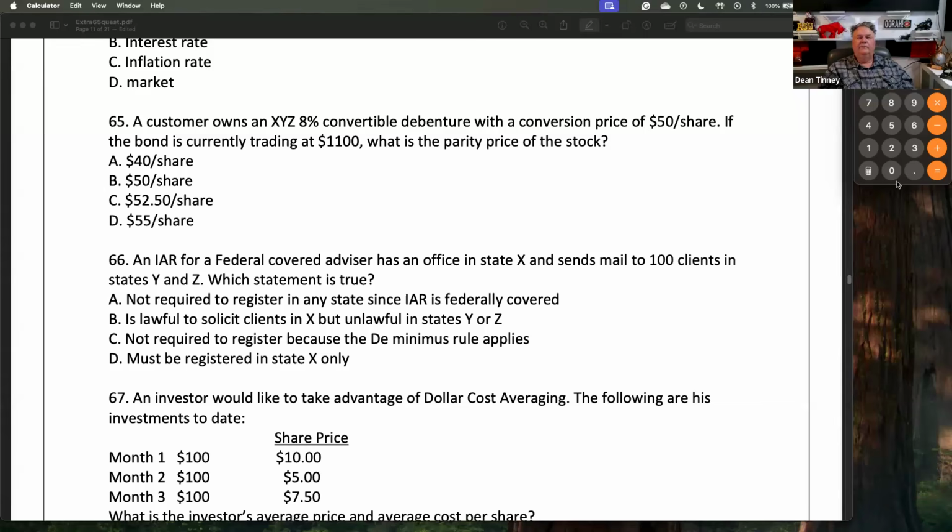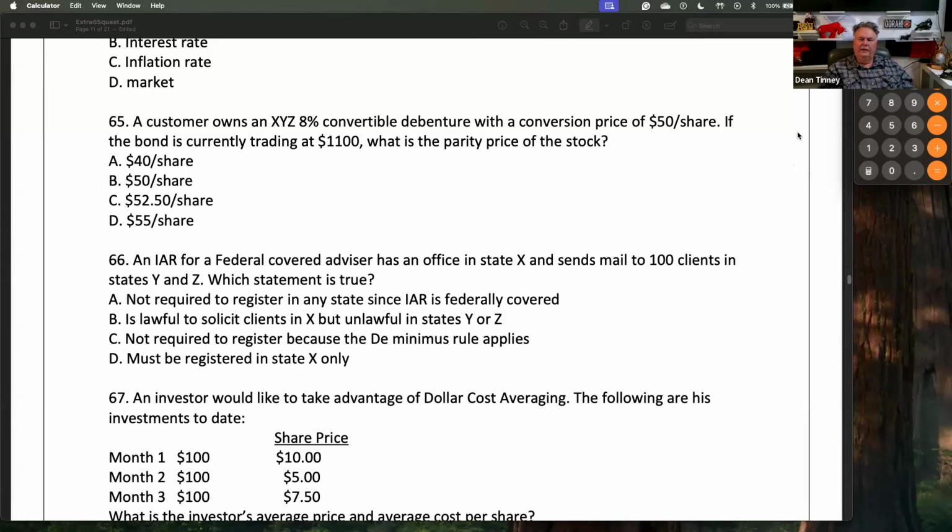But anyways, what we first got to do is say, okay, the $50 was based on par. So we're going to take our 1,000 par and divide by 50. So 1,000 divided by 50, and now we know that we can get 20 shares of the common. If we choose to, we can give this bond to XYZ and they'll give us 20 shares of the common.